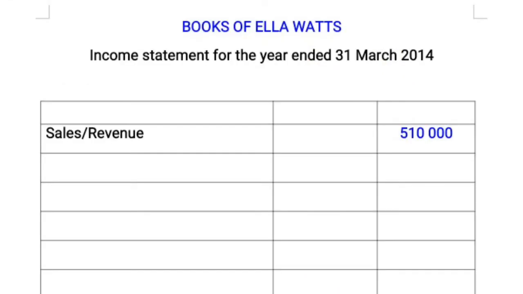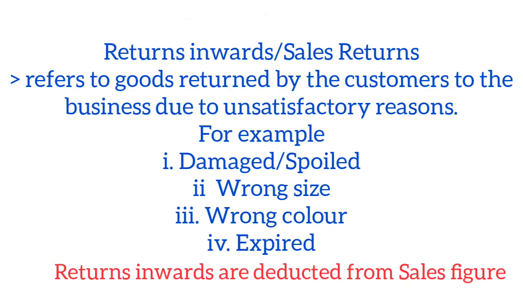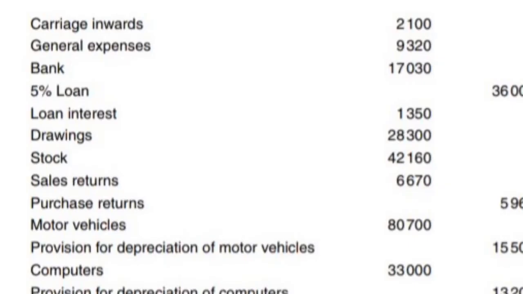Right. So after writing the sales figure, you have to check if you have what you call returns inwards. Right. Returns inwards, these are goods returned by the customers to the business due to unsatisfactory. They reduce the sales figure. So if we look in our trial balance, we have sales returns, which are the returns inwards. So I'm going to less sales returns.